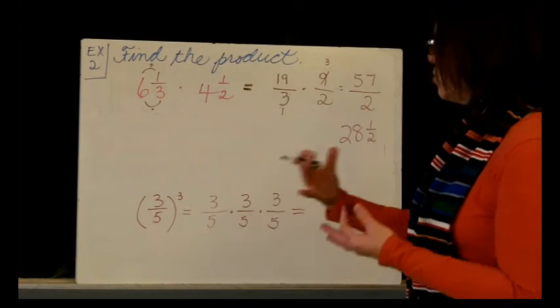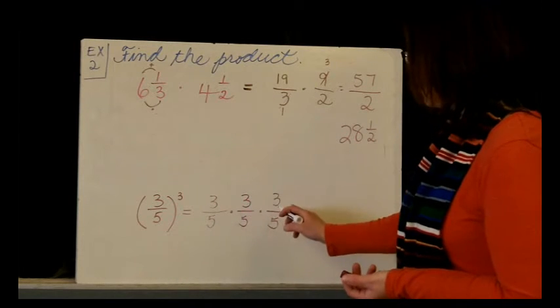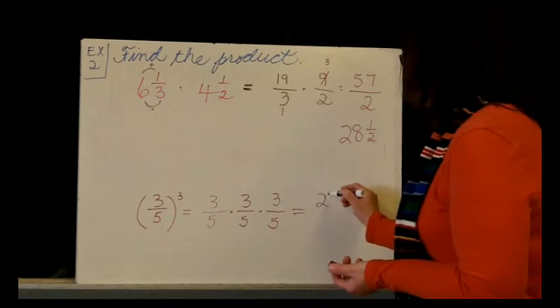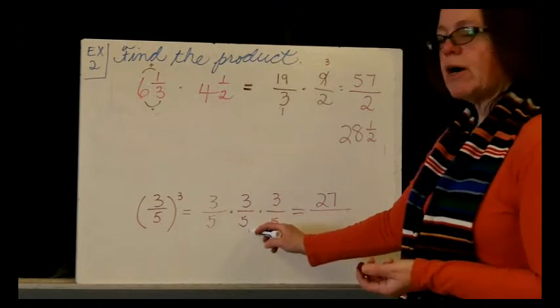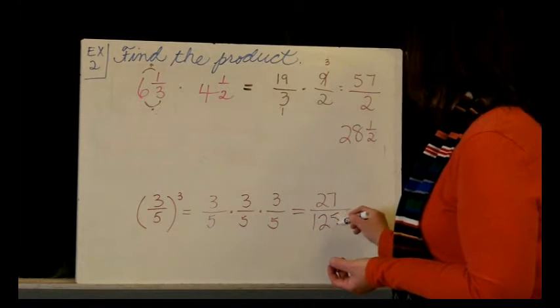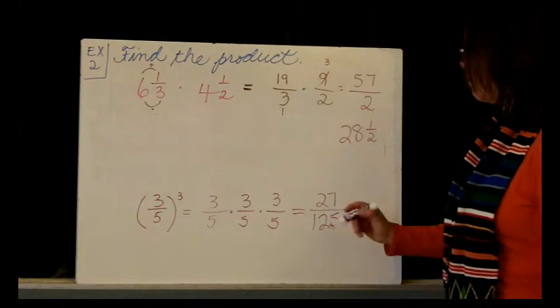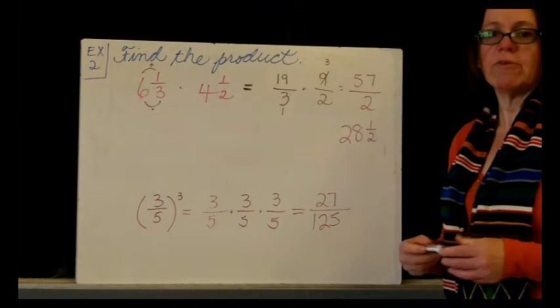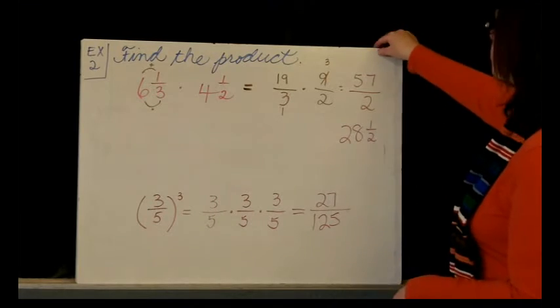So all we can do is multiply straight across. 3 times 3 is 9. 9 times 3 is 27. 5 times 5 is 25. 25 times 5 is 125. And even though it looks strange, this is our final answer. 27 over 125. The numbers are relatively prime, so there's nothing more we can do with them.